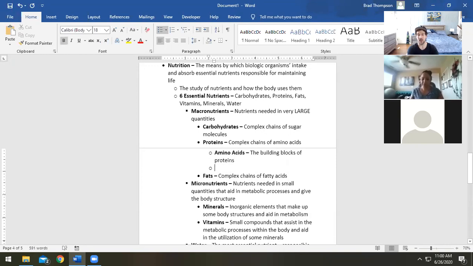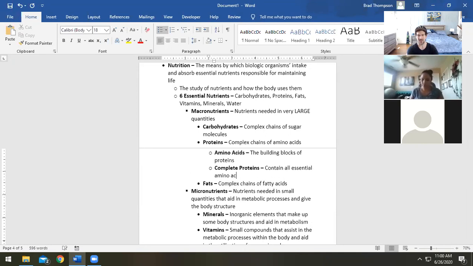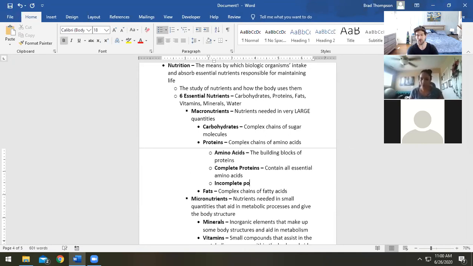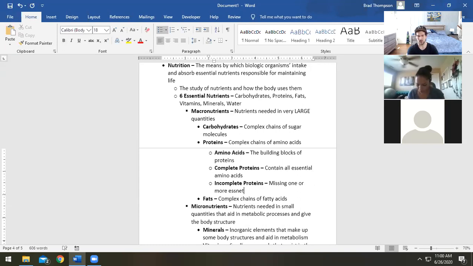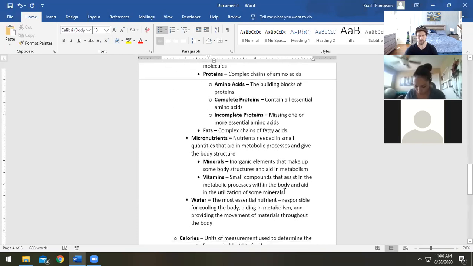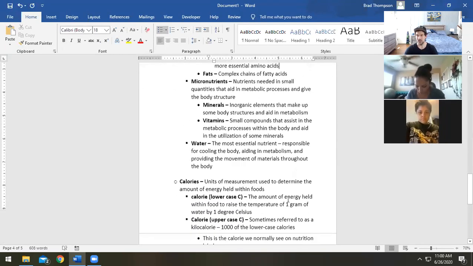And then you've got complete proteins, which contain all essential amino acids, and incomplete proteins, which are missing one or more essential amino acids. So I wanted to get that down there.